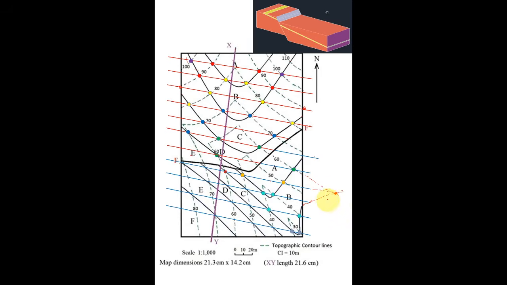See, this 60 would come and intersect here, this 60 contour line, right? So these are the points that we need to mark now. Again, if you see here, this 50 contour line, if we extend it, it is meeting here at this point, and on the other side this 50 is meeting at this point, but this point was not marked, right? So such are the points that we need to mark now.